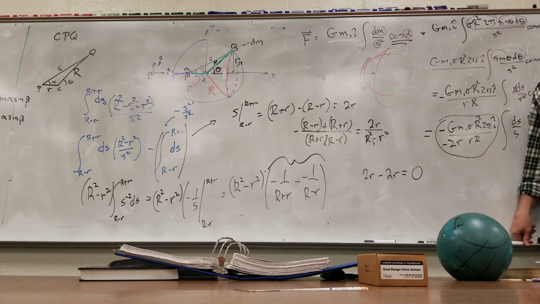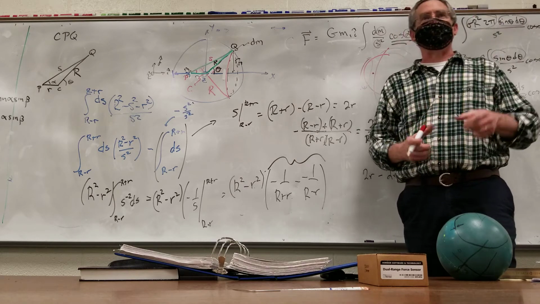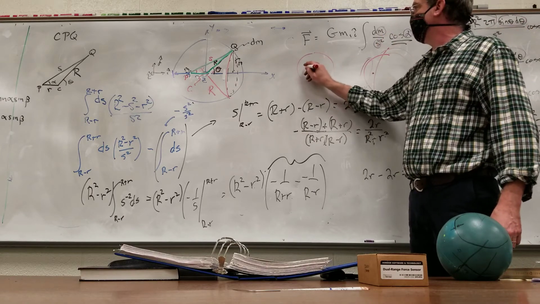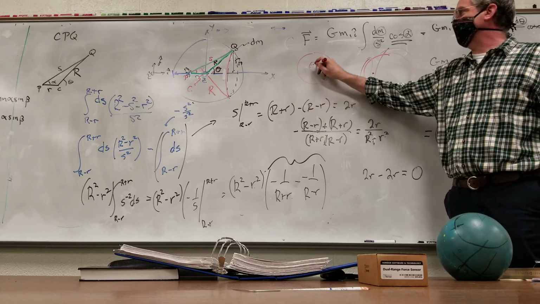So if there was a hollow planet, there would be no gravity inside of it, or at least small, it depends upon the distribution of mass. We did start with the assumption that the mass was distributed evenly. But this allows us, going to the planet idea, instead of just a thin shell, suppose we have a thick shell, and you are somewhere inside here.